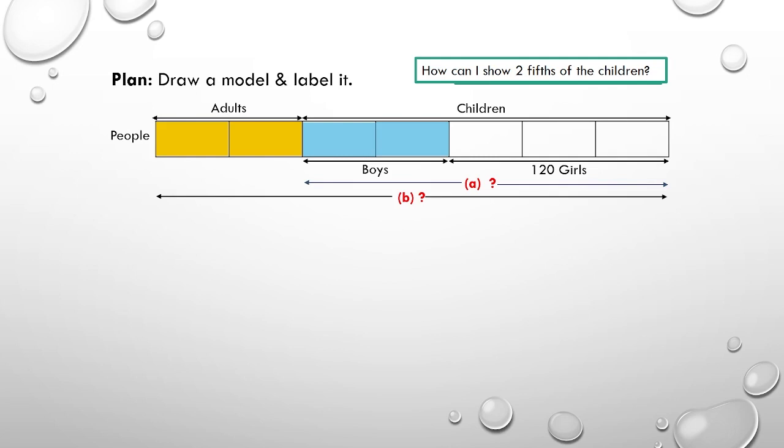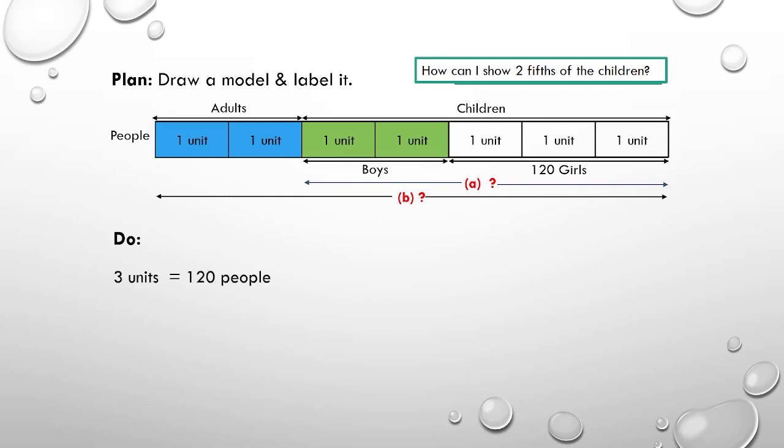So what we can do with this information or with this bar model that we have on your screen, we can do one key thing, which is to solve for the value of each unit. So what does each unit stand for, or what does each unit represent?